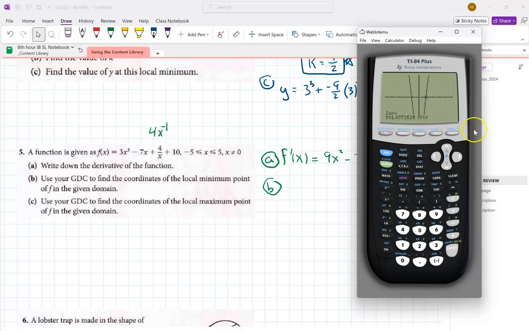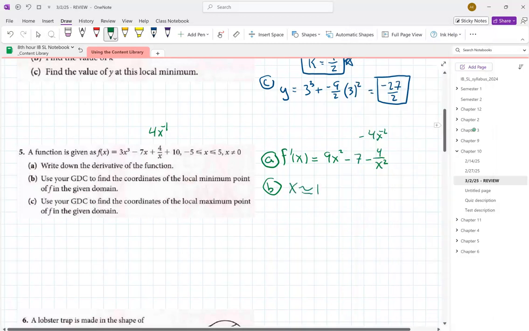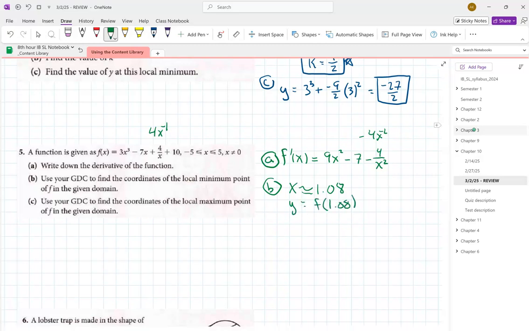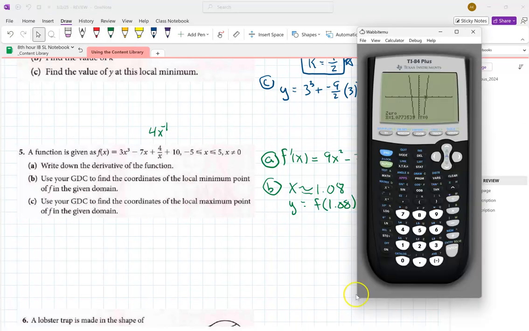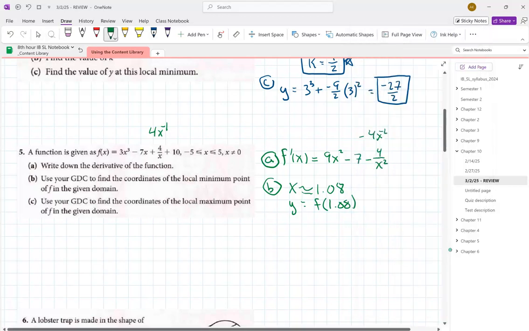So 1.08. And then the y I can just plug in. On my calculator, I'm just going to do y1 of 1.08, because that's where I typed the original function. So 9.92.